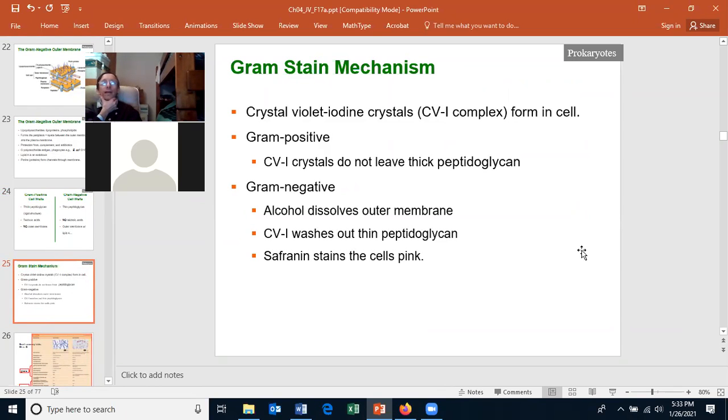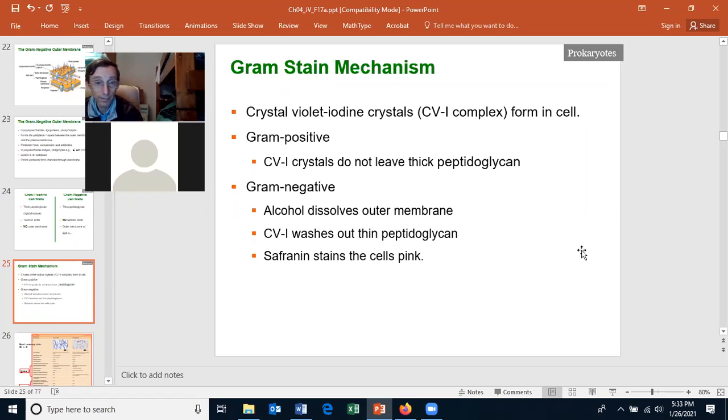All right, talking about the gram stain and how the gram-positive and gram-negative cells differ. The crystal violet iodine complex gets into all the cells and will stain all the cells. In the gram-positive cell, that crystal violet iodine complex does not leave the thick peptidoglycan if the gram stain is performed correctly, meaning you apply the decolorizing agent for the proper amount of time.